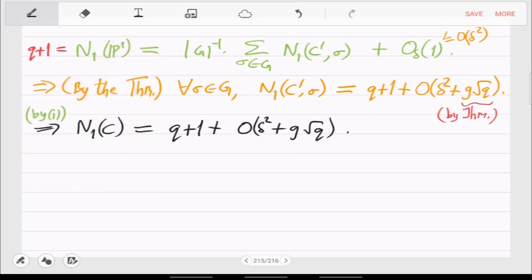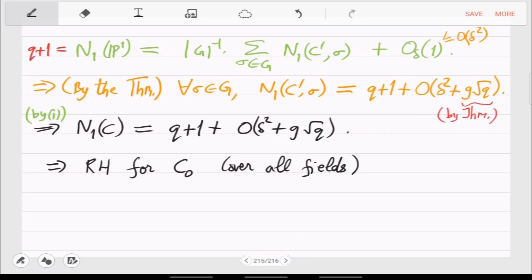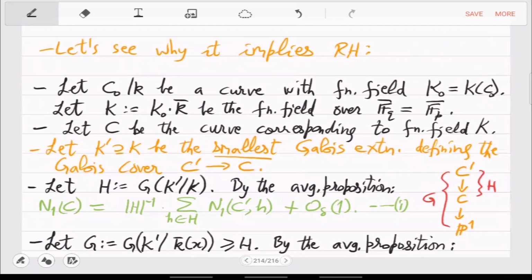Okay, which implies Riemann hypothesis for C0 over all fields. Is that clear? How did that come? C0 was the given curve. How did it prove RH for C0?